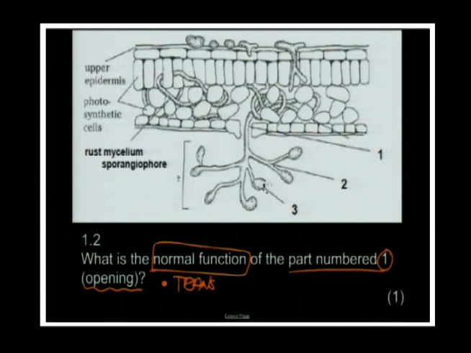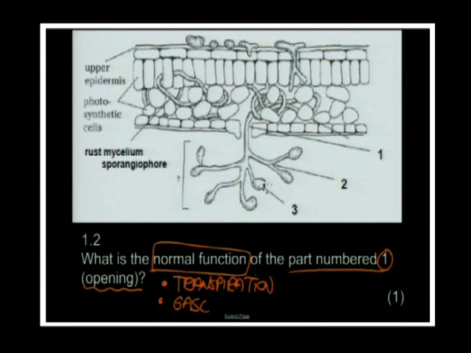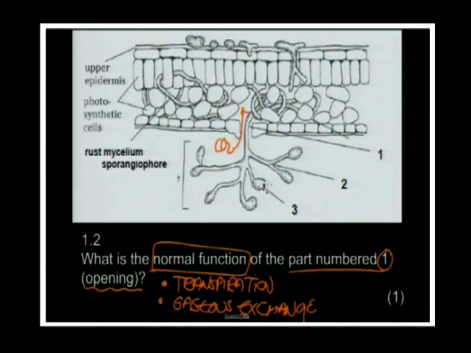Here, we will accept either transpiration, which, if you remember, was done in an earlier section of the syllabus with water movement through plants, or you could here also answer gaseous exchange, in the sense that these are the special openings on the leaf where CO2 is going to move in during the day for photosynthesis and O2 is going to move out because it's a waste product. So either one of those two options will get you the mark.